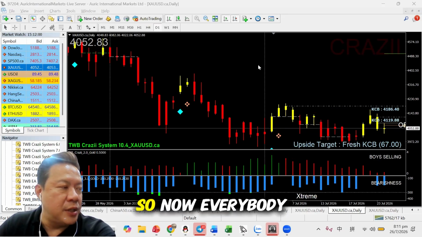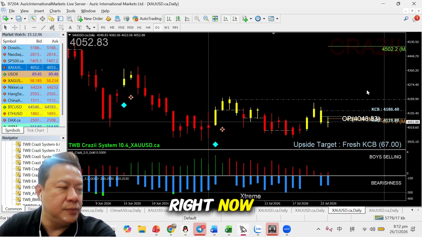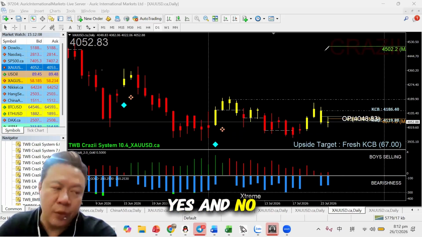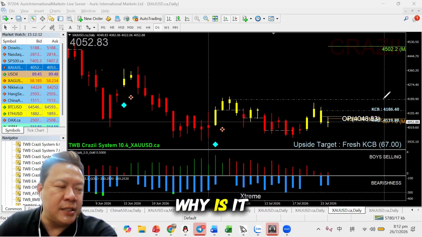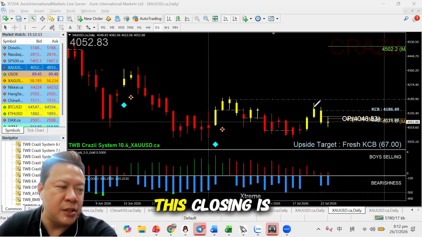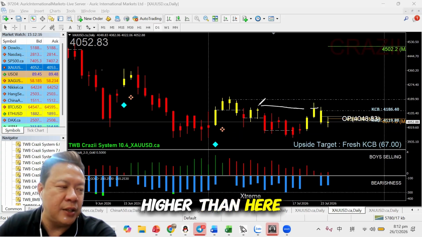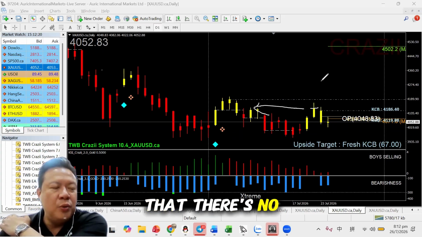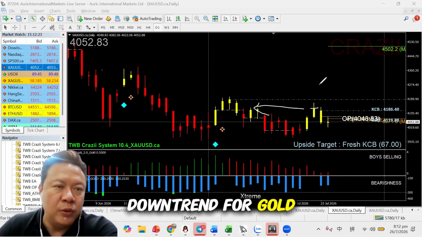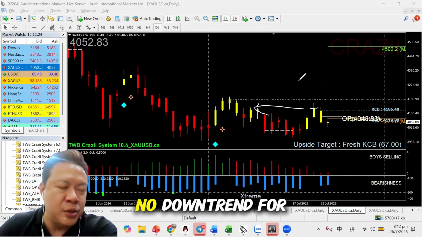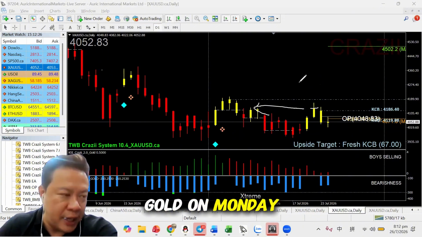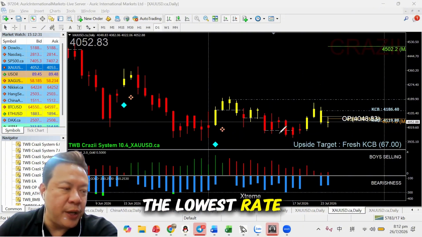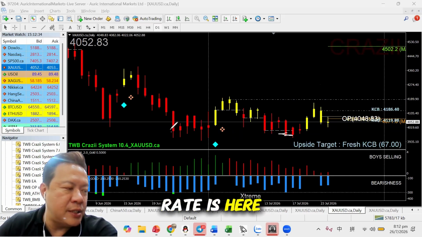Okay. So now everybody take a look. Is there a K trend on gold right now? Yes and no. Why is it no? Because this closing is higher than here. So this is not a lower yellow. So that means that there's no downtrend for gold on Monday. I repeat, there's no downtrend for gold on Monday. Then how about the uptrend? The lowest low is here, then the lower low is here, right?